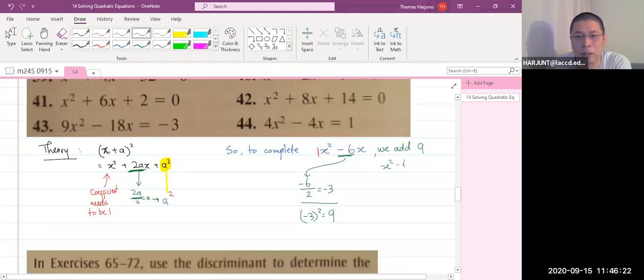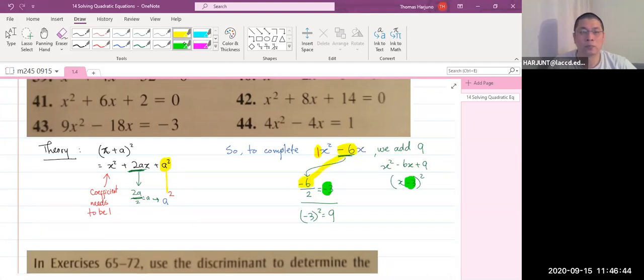X squared minus 6x plus 9 is x minus 3 squared, where that minus 3 comes from this minus 3. So the leading coefficient has to be 1, the coefficient of x divided by 2, the quotient, you square it. Now this 9 here is what you add. That's the procedure.